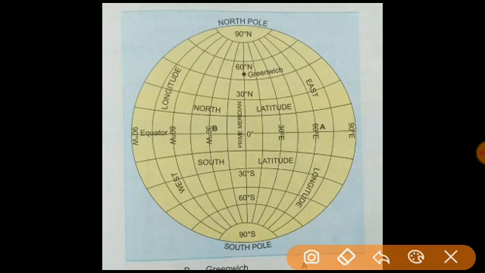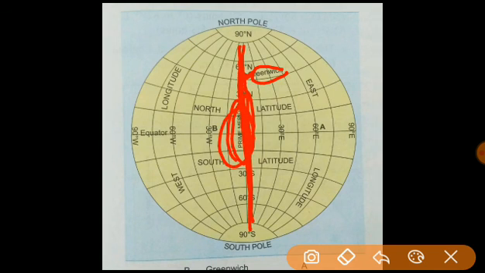You can also understand by this diagram. This is the center line, which is also called 0 degree, the 0 degree longitude. And here this is the London place, Greenwich. This is also called the prime meridian. Basically it is the 0 degree longitude, which we call the prime meridian, and it passes through Greenwich, London.